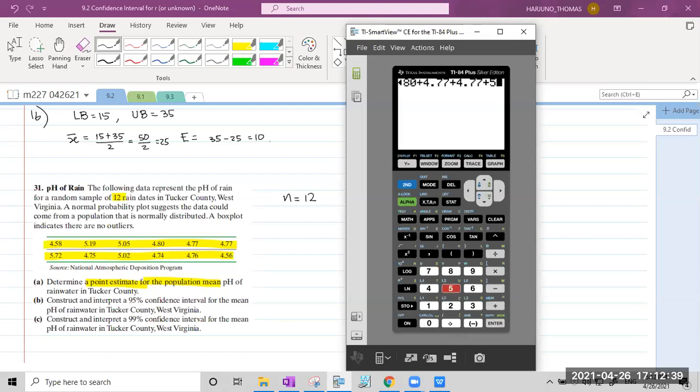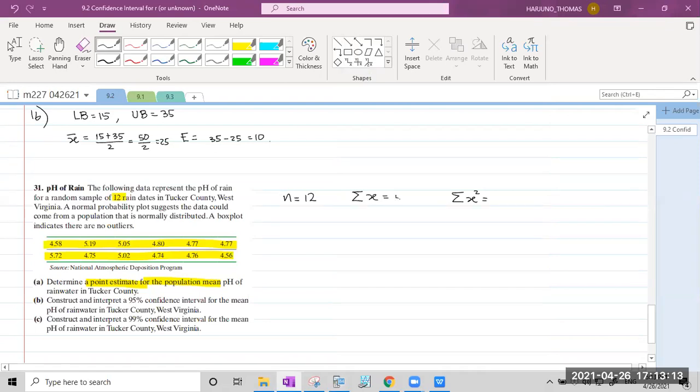Plus 5.72. Make sure you're careful here not to plug in anything wrong. 4.75 plus 5.02 plus 4.74 plus 4.76 plus 4.56. That's 58.71. So the sum of x is 58.71.